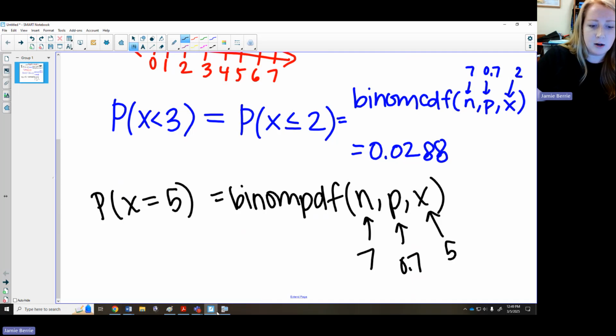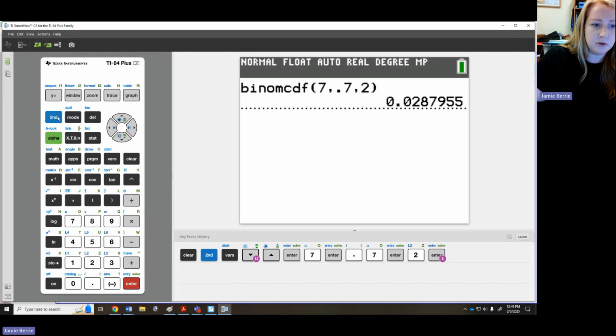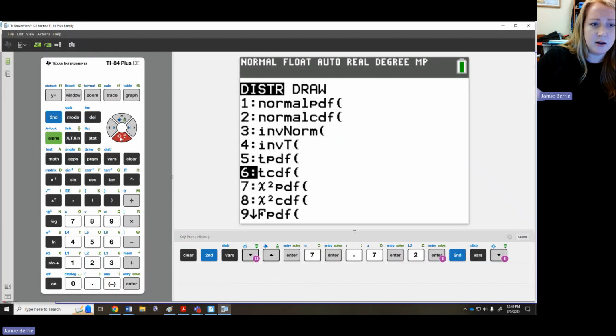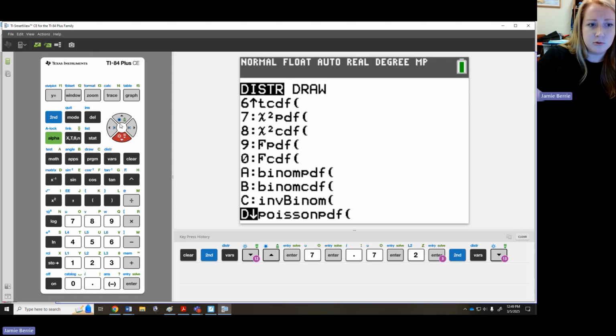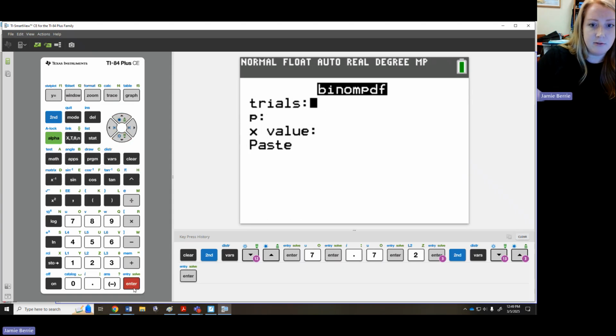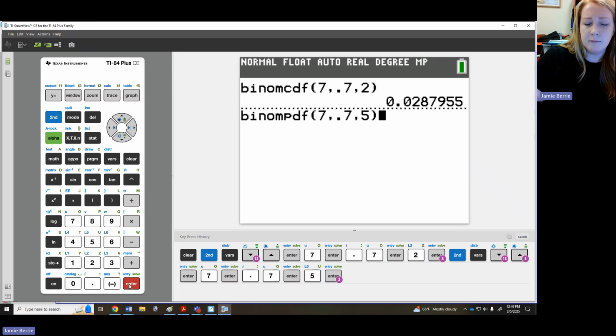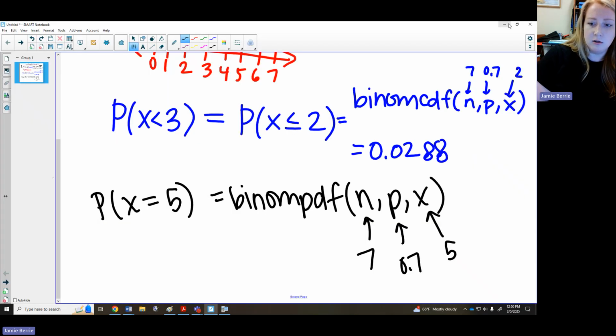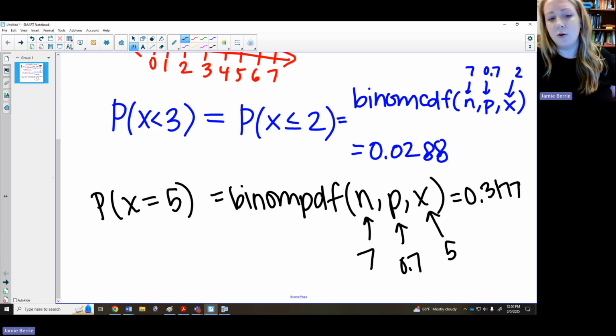So if we had a problem like this, we would go second vars, go way down, scroll past it. Binom PDF, trials 7, probability of success 0.7, x value 5. So I just made this one up. All right, and then run that. 0.3177.